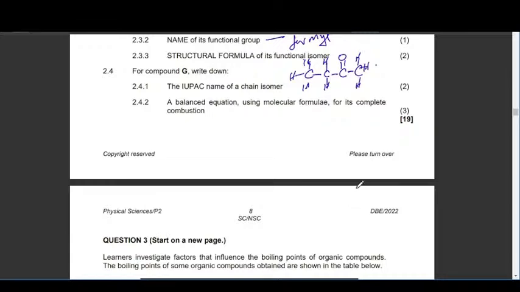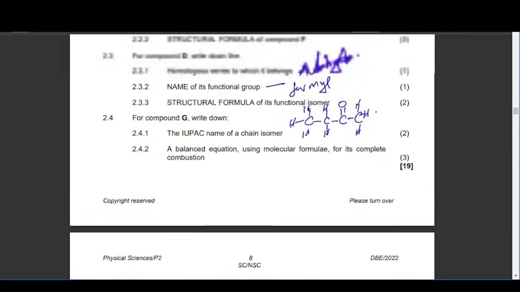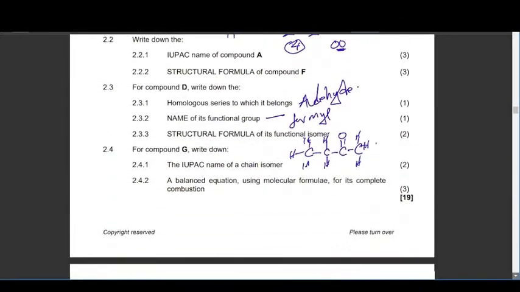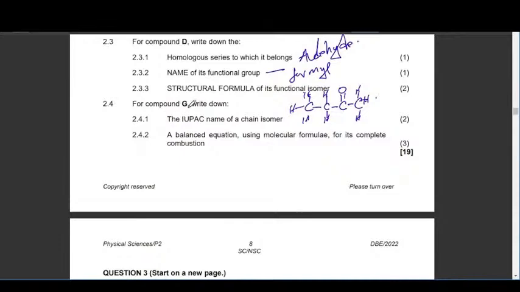Then they're saying write the balanced equation using the formula for its complete combustion. Oh, no. I think I skipped. Compound G, write down the IUPAC name of its chain isomer.